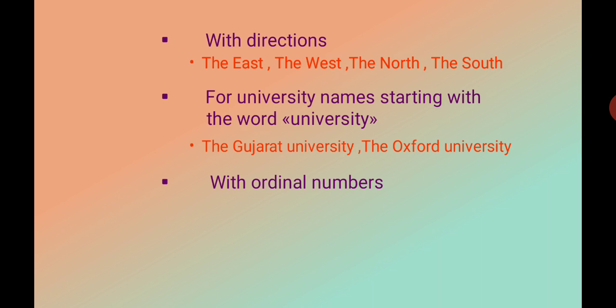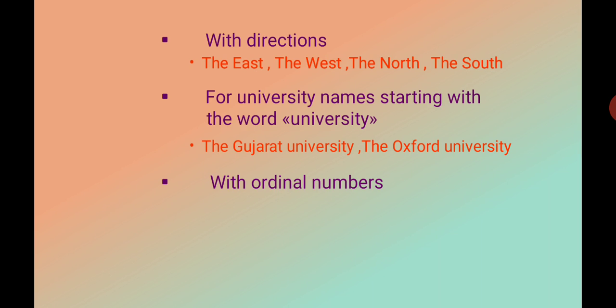Next are ordinal numbers. These numbers you have already learnt in your previous standard. So, what are ordinal numbers? Yes, one is called first, two is called second, three is called third. It shows the position, right?